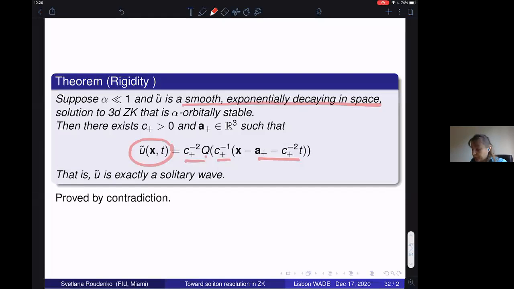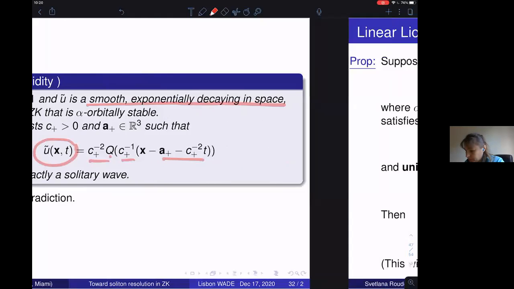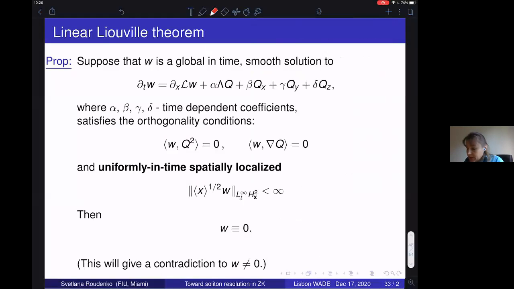We prove it by contradiction. And the main part, I'll just say, is the linear Liouville theorem, where we introduce the linearized version. You can notice that there's a linearization happening here, and there will be other parameters associated to the linearization of the soliton, and that's where the orthogonality conditions will come into play.